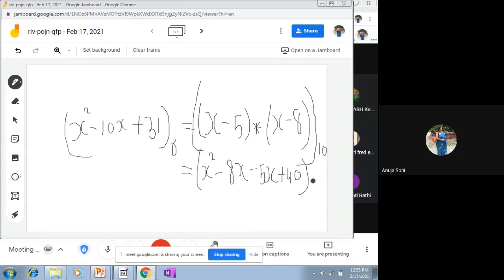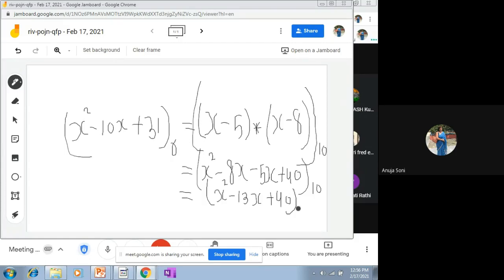What do we have to do further? Again x square, 8 plus 5 is 13, so 13x plus 40, having a base of 10.